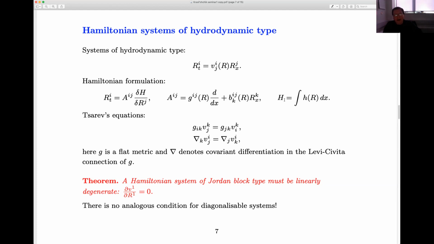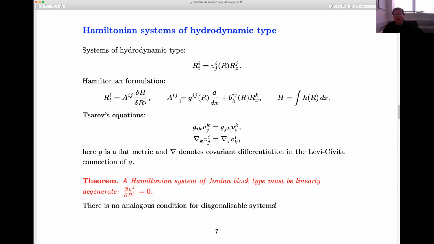And for the Hamiltonian, we take a conserved density of hydrodynamic type, so the density which depends on R's only, not on the derivatives. Here, Gij is a flat metric, and Bijk are contravariant Christoffel symbols. Right. So this is all well known.